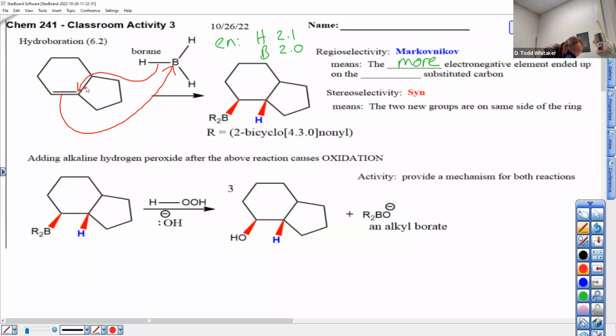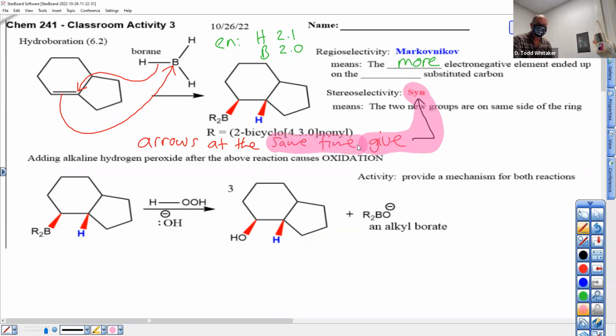And did you see that both those arrows are happening at the same time? Arrows at the same time give syn. I'm just going to point and circle or highlight.